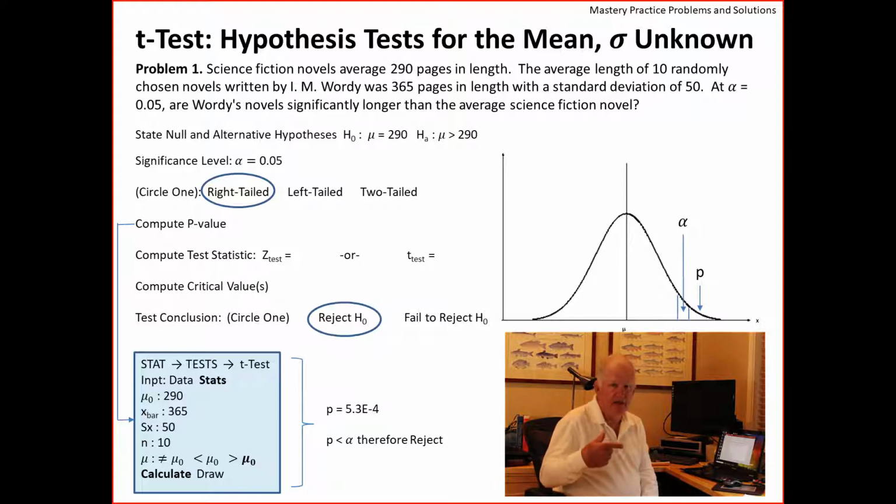So let's just add a little bit onto this. Let's look to see what happens when we have a situation where we're doing a hypothesis test for the mean, but sigma is unknown. And we're going to run through it very quickly. You're going to see that it's exactly the same situation. However, you don't know sigma.